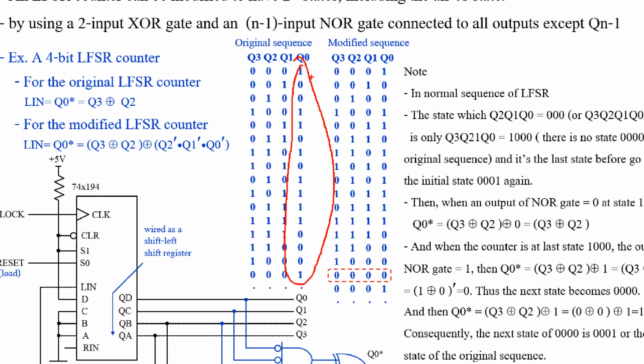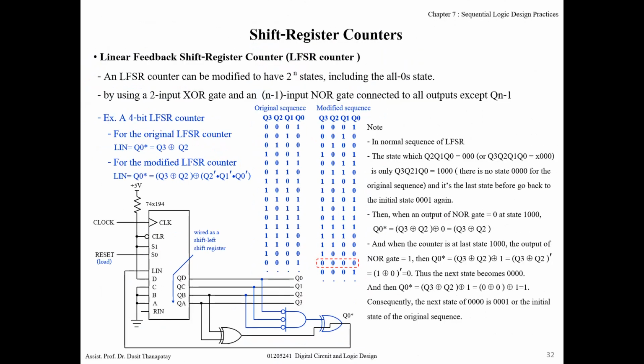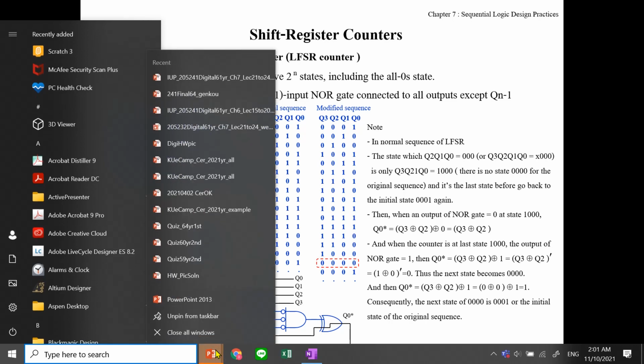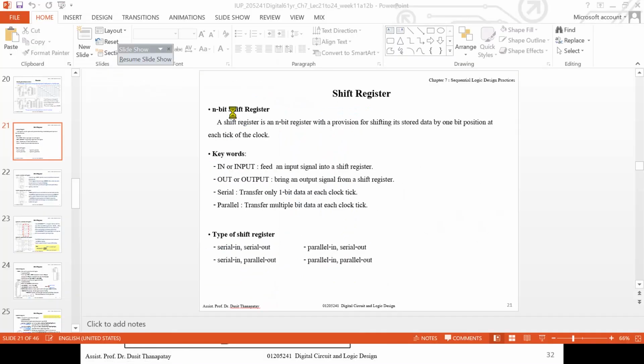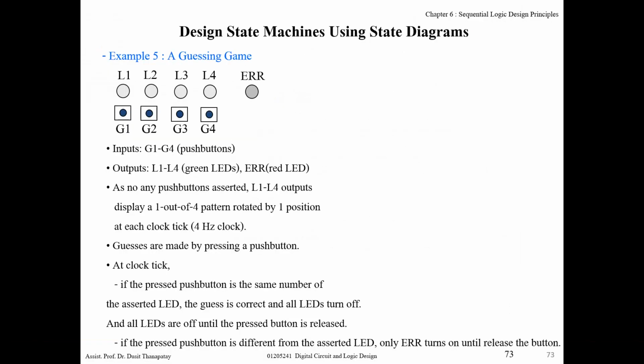Do you remember the last lecture, the guessing game? Let me show you this one. Maybe this chapter. The guessing game that you already learned from the previous chapter. Something like this. The LED will run, right?